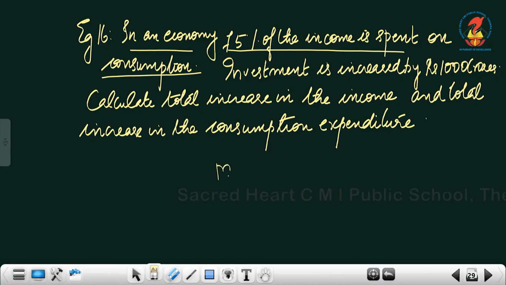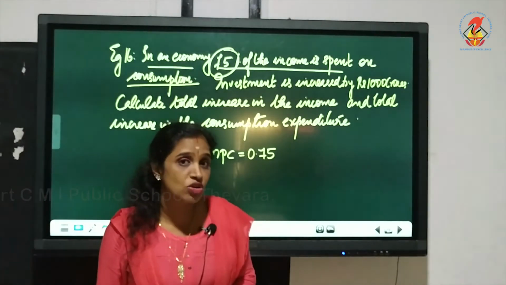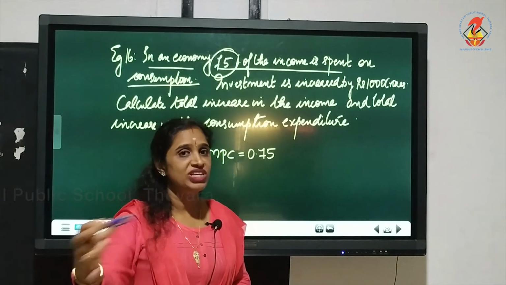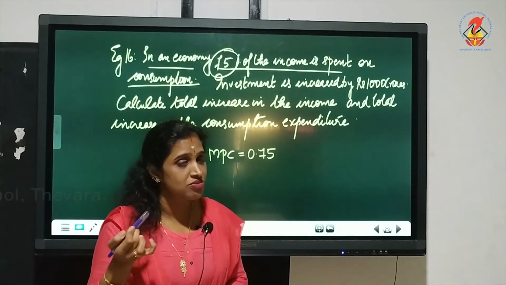Therefore, the concept of MPC is given here. MPC is given as 75%, so we can write it as 0.75, 75 by 100. So, obviously MPS will be 0.25, the remaining 25%.